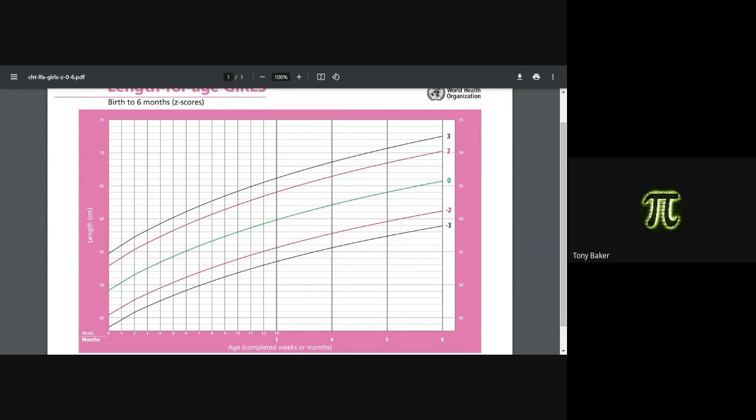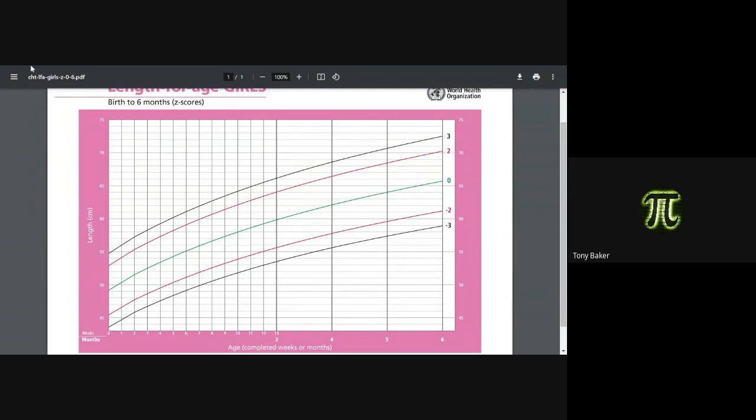I was looking at height. Yeah, it's 3 pounds 5 ounces or 1,500 grams.